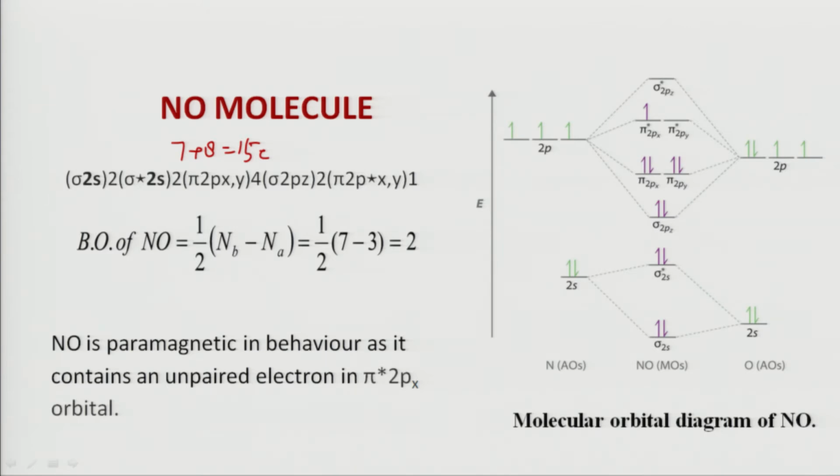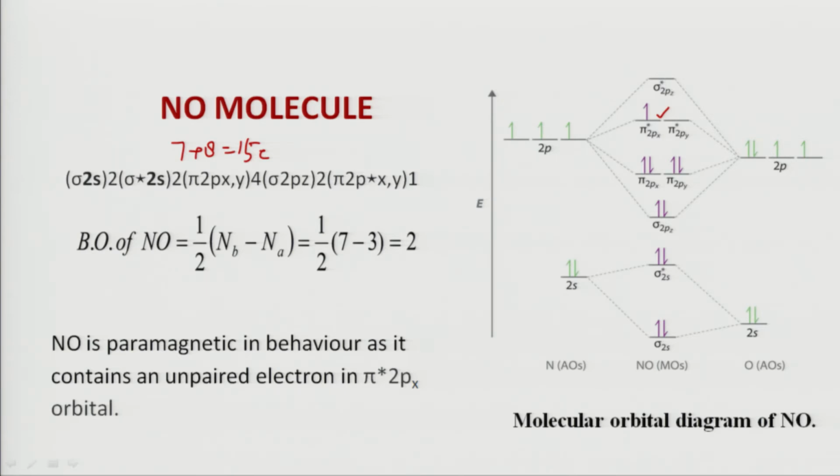So, that makes it 8 electrons, followed by pi 2px equals pi 2py, both occupied by 2 each, another 4 electrons, and then sigma 2pz has 2 electrons in it. The 15th electron will enter pi star 2px as seen over here.